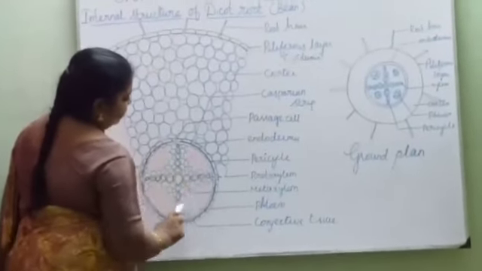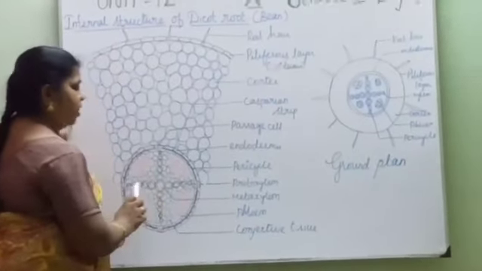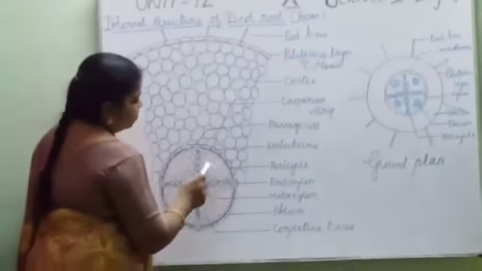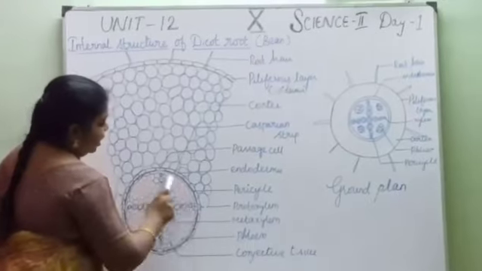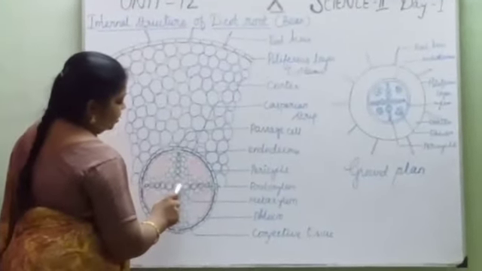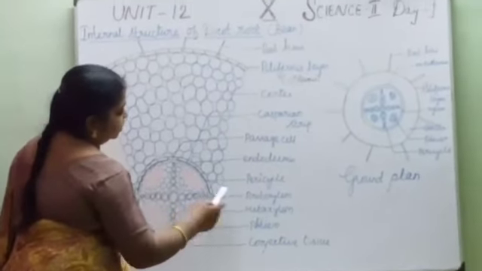Next, vascular bundle. Vascular bundle consists of xylem and phloem. You know very well the functions of xylem and phloem. The xylem is tetrarch, radial arrangement of vascular bundle, exarch xylem. Exarch means metaxylem towards the center, protoxylem towards the periphery.